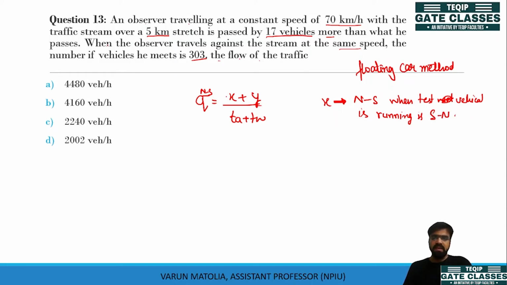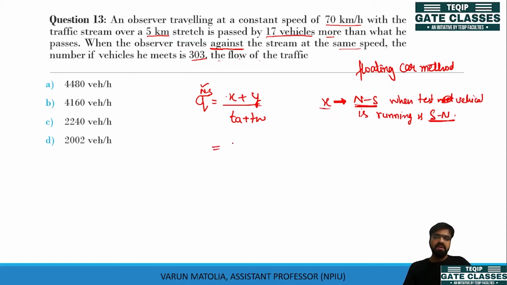This is what he is saying. When the observer is traveling against, you want to calculate in north south direction, but the observer is traveling in south north direction. The number of vehicles he meets, meaning coming from the opposite direction, from north south, is the value x.